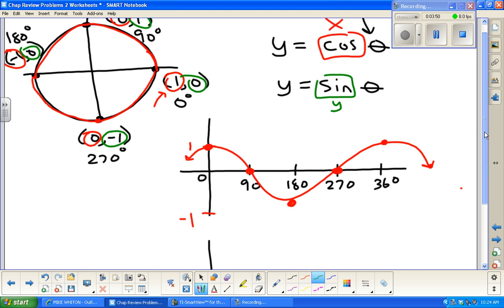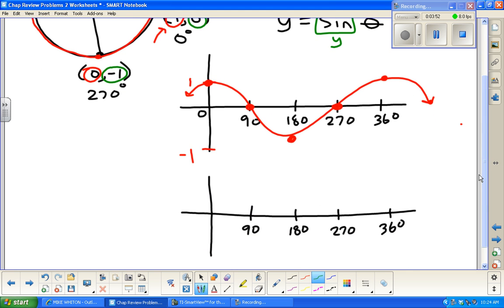Okay, and recognize that one actually starts at 0. And again, I'm going to do this one a little quicker. It goes up to 1. By the time you're at 180, it's back down to 0. At 270, the sine, the y value down there is negative 1, and then back to 0. Okay, so this one kind of does this shape, and then of course it's going to keep repeating itself in both directions. Okay, so those are some of the basics.